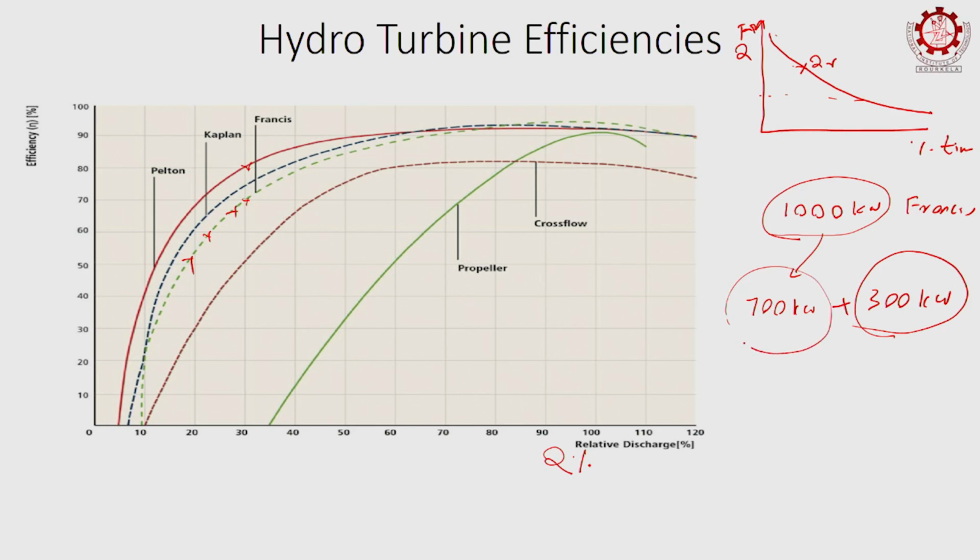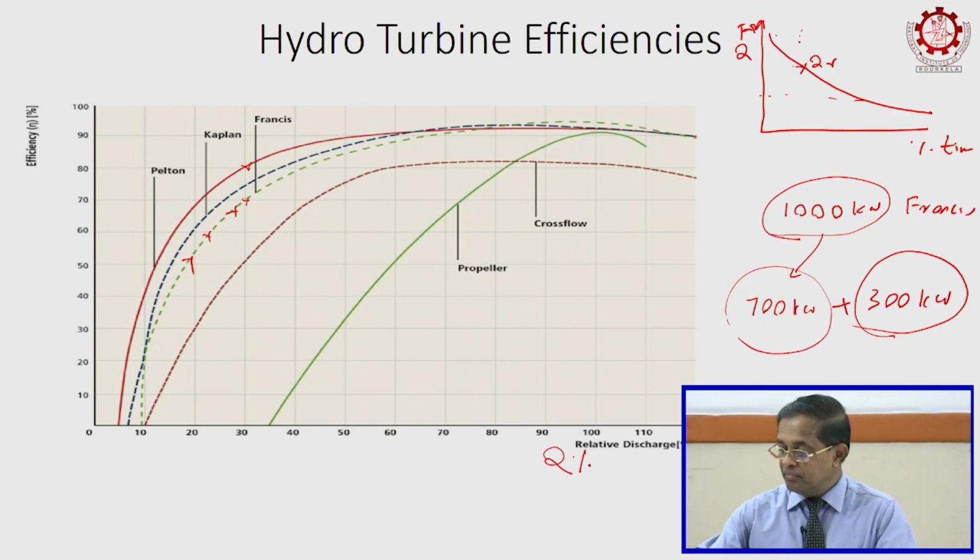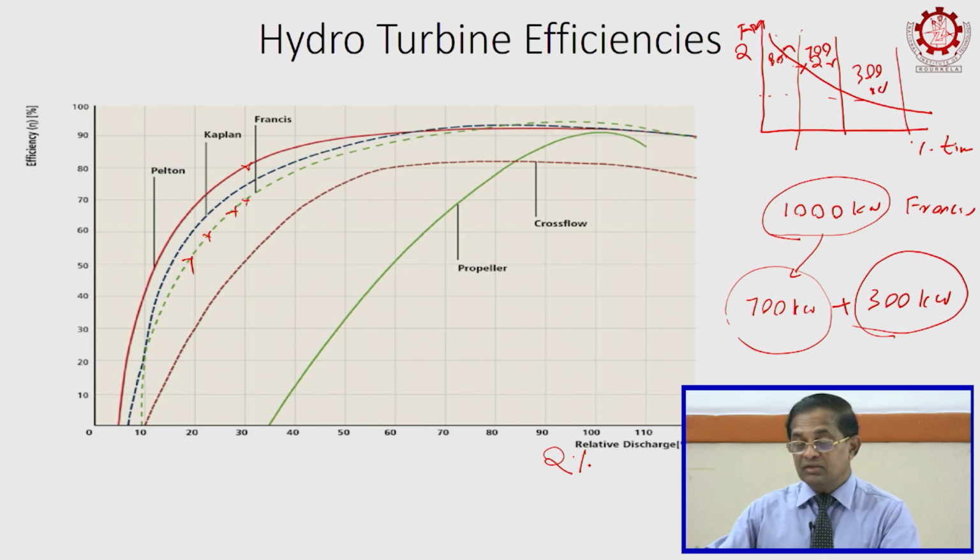When you have medium flow, you use only the 700 kilowatt one. When you have high flow condition, somewhere here, you use both. In this region you use 700 kilowatt, here you use 300 kilowatt, so that your machines will always operate at higher efficiency points.